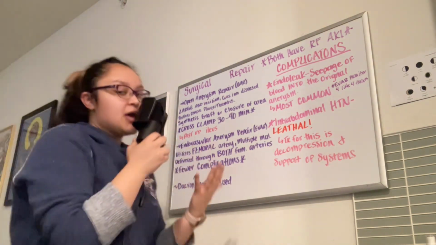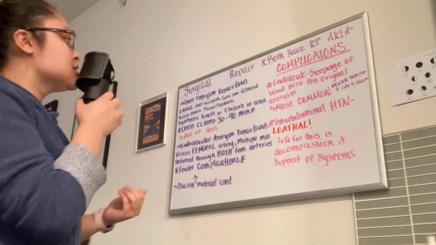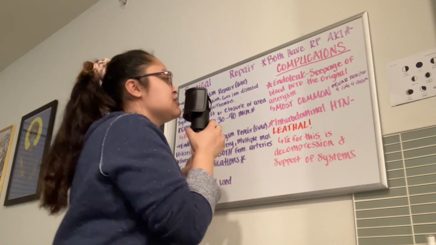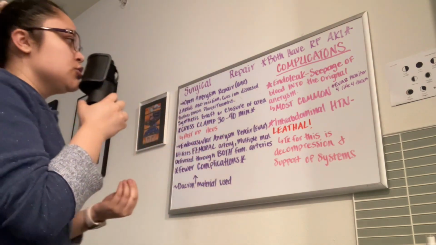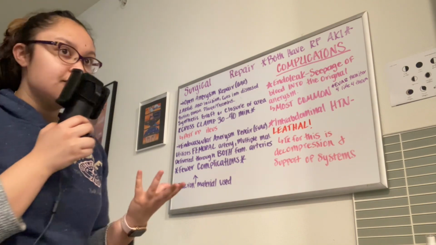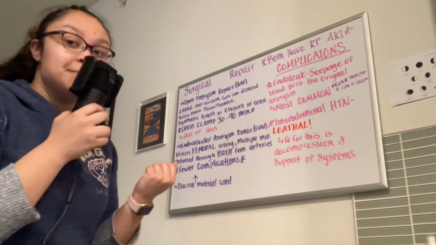So let's talk about some complications of these operations. Most common complication that you'll see is an endoleak, which is the seepage of blood into the original aneurysm, is the way the book described it. But I'm going to go based off of our PowerPoint.